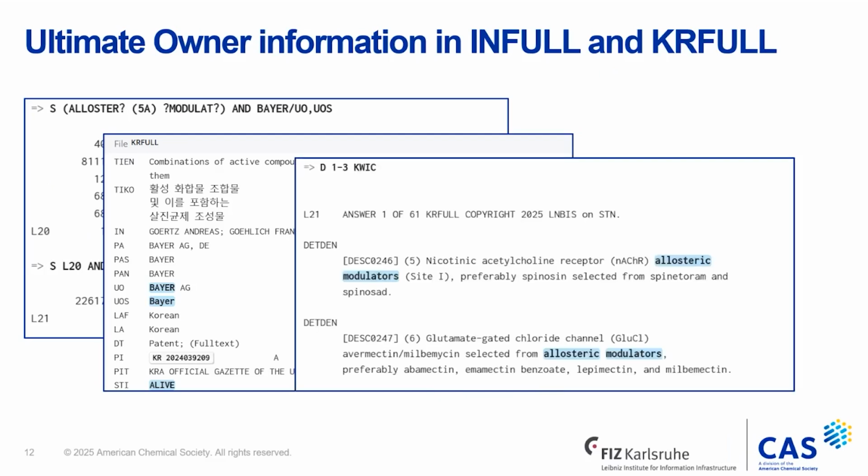I often use the keyword in context display format to show where we might find those keyword terms, because we're probably not going to find them in the introductory patent information.